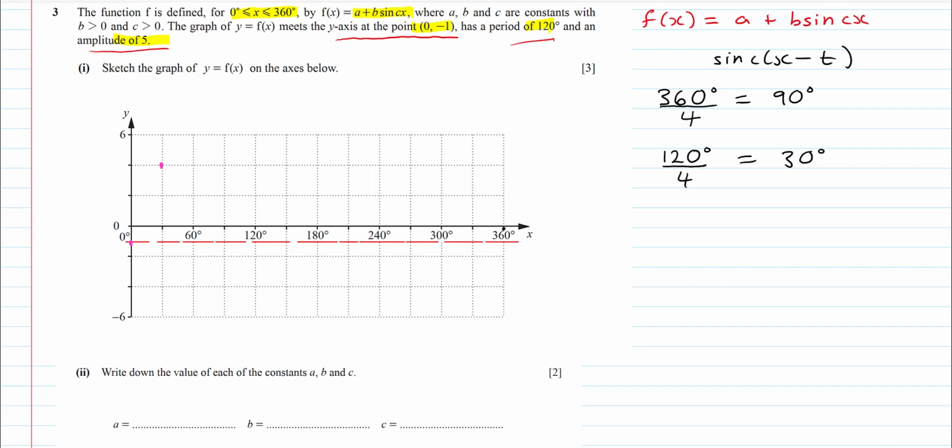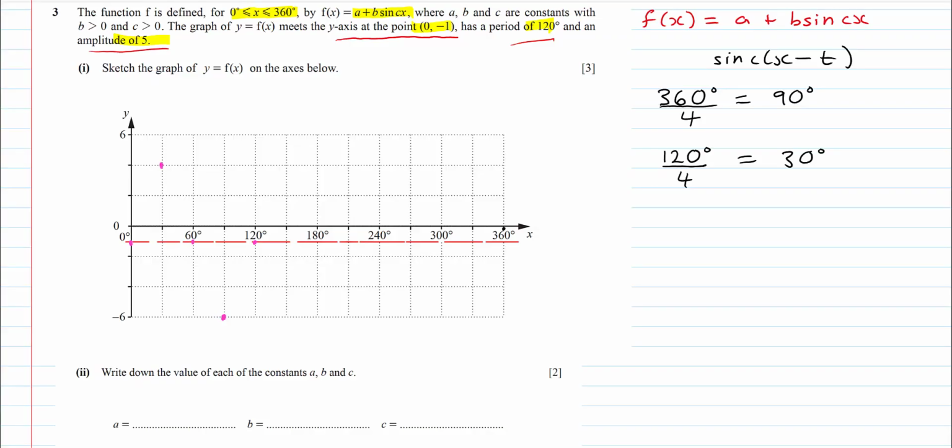Then we cut our principal axis at 60 degrees, and at 90 degrees we've got our first minimum. So we just have to move 5 units down from our principal axis. So it's going to be at the point 90 degrees and negative 6. And then at 120 degrees, we're back to where we started. So back to our principal axis, and that is 1 complete cycle.